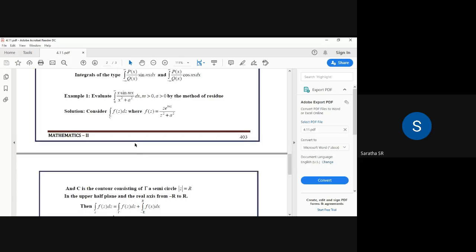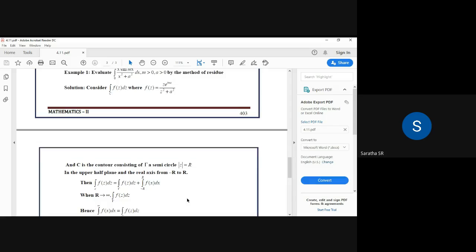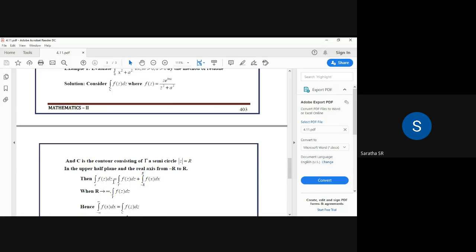The same way we have to do. There is no change. Like the previous problem, we take the semicircle and minus r to r. The integral over c of f of z dz can be classified as integral over gamma f of z dz plus integral from minus r to r f of x dx.